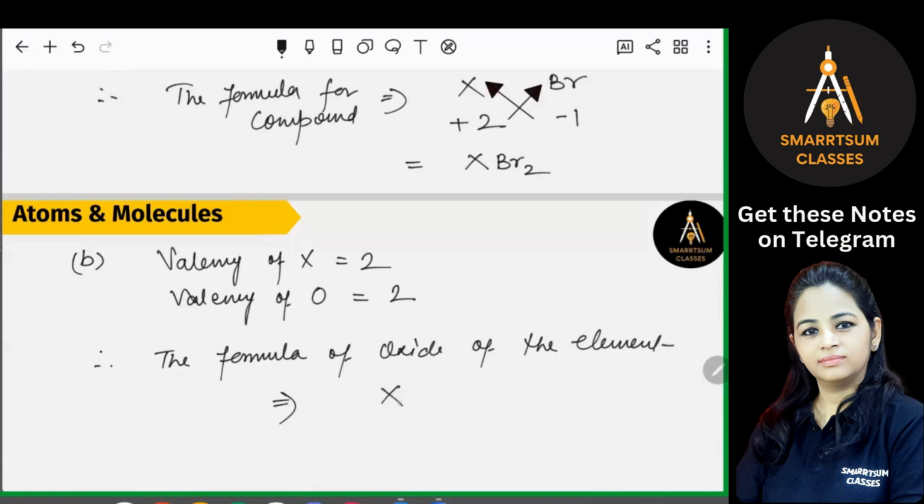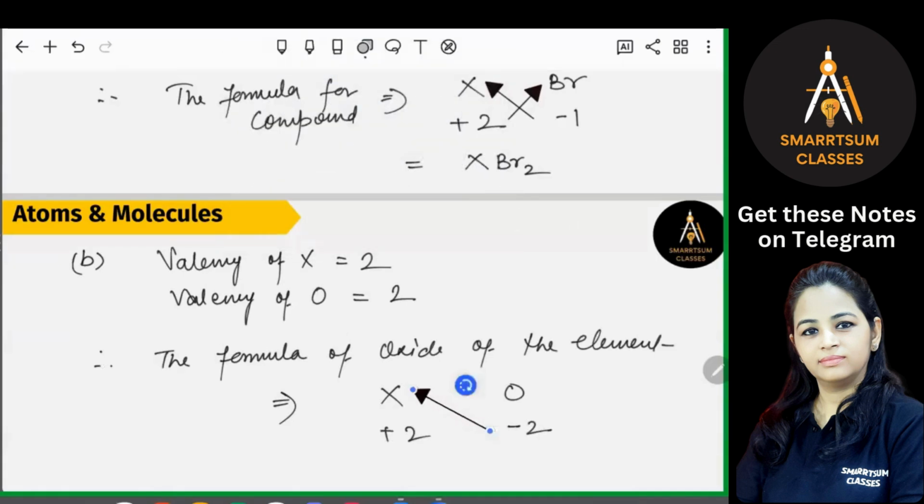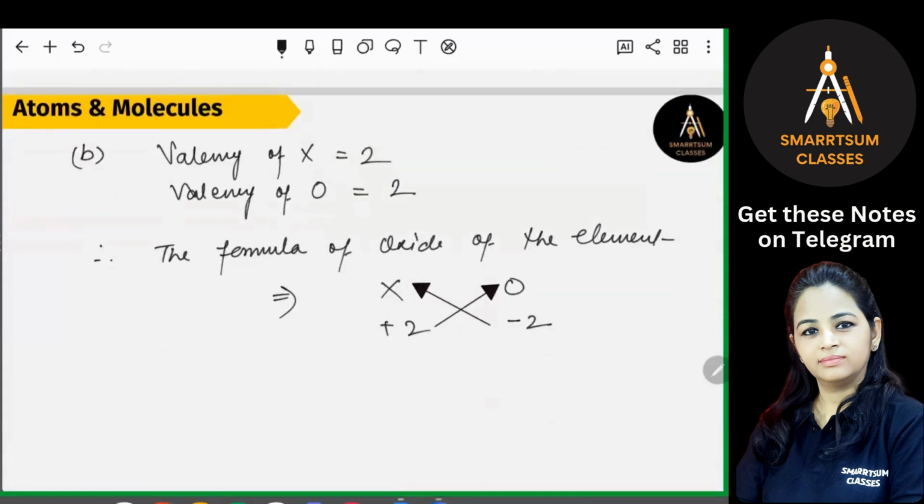So we will write down first the types of elements, X and O. X valency is plus 2, oxygen is minus 2. Now using the crisscross method, we can write down the chemical formula. The formula will be X2O2, right? By the crisscross method.